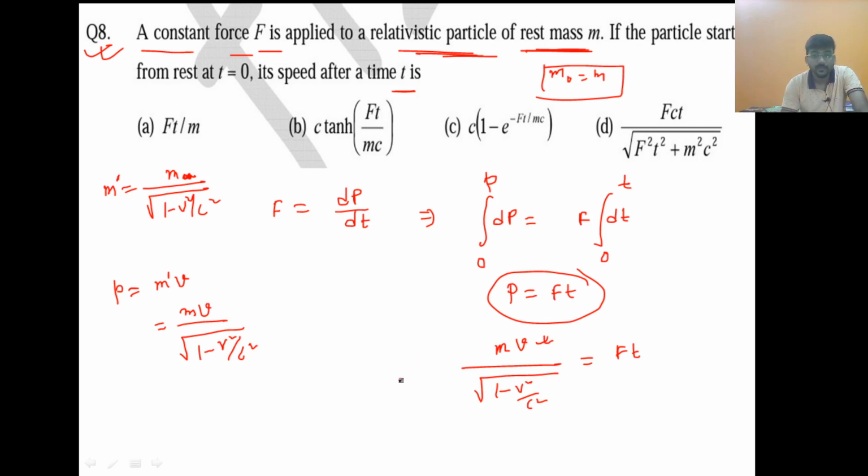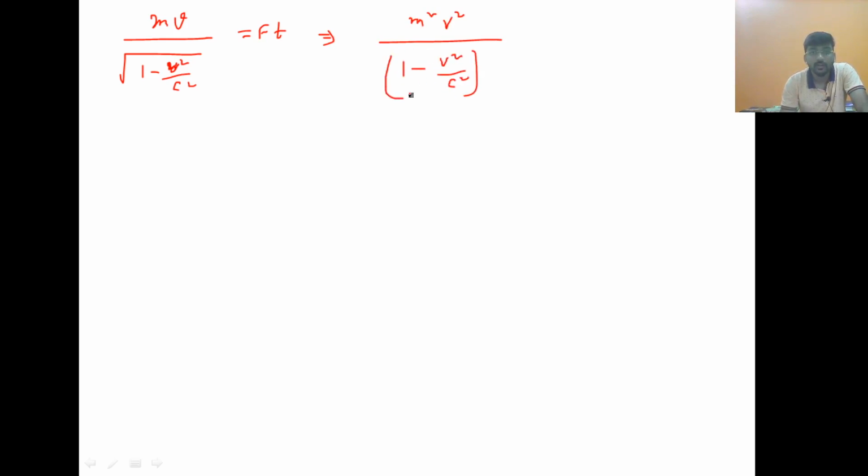Okay, so what should we do? Let me do it on the next page. So we have m v divided by root 1 minus v square by c square is equal to F t. Now if we square both sides, we get m square v square divided by 1 minus v square by c square is equal to F square t square.